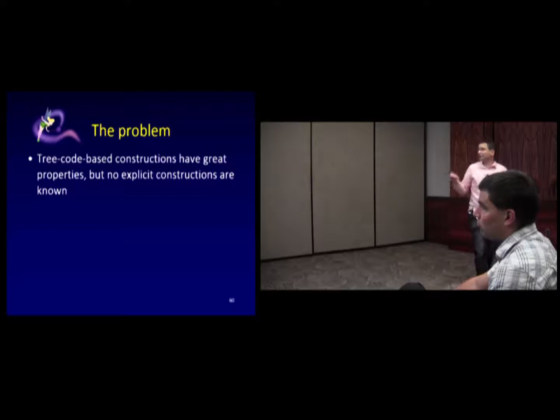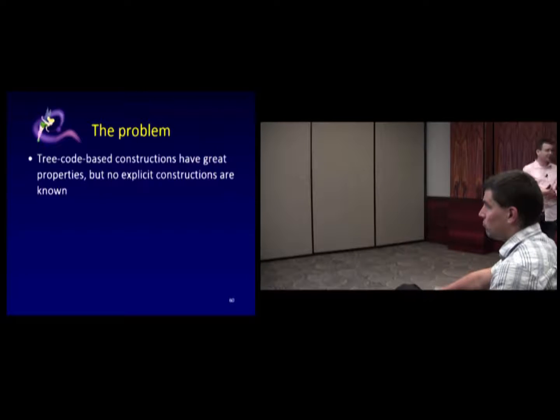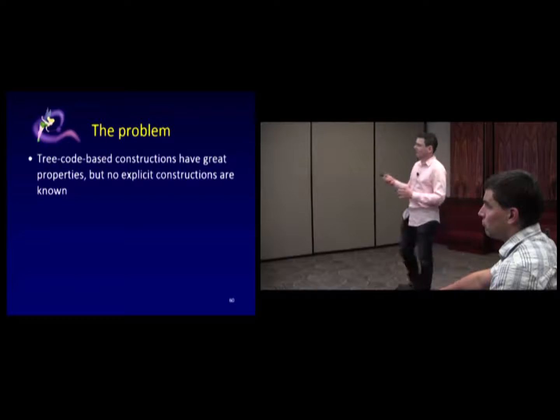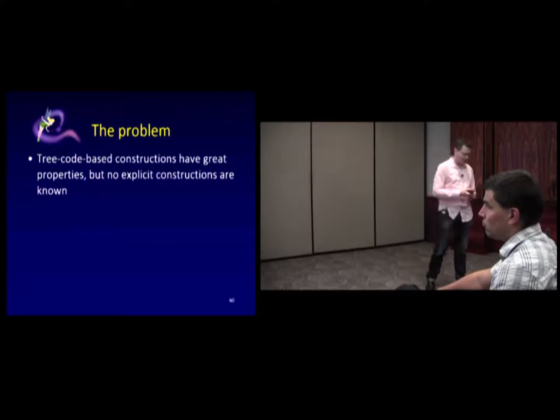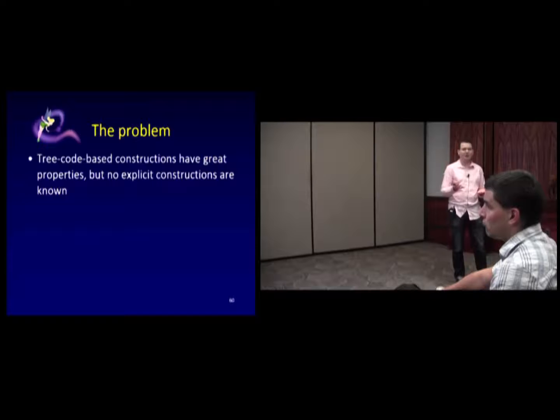So here's the problem. The tree code-based constructions have great properties, but there are no explicit constructions known. What we know how to do is sometimes brute force a tree code of depth log n and work from there, and sometimes that's good enough. When I started looking at these problems, 6 years ago or so, it looked like a tree code was a nice construction from one paper.